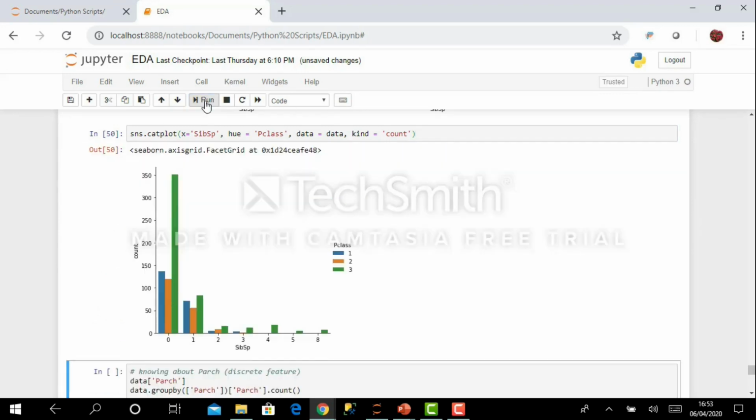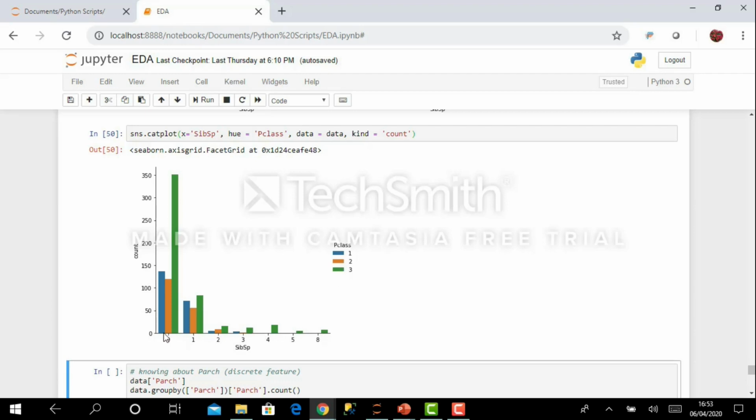Okay, so here I am plotting class and siblings, how the number of siblings is distributed based on class. You can see that most of the people in the third class have no sibling and then one sibling, and the larger numbers of siblings are mainly for third class passengers.